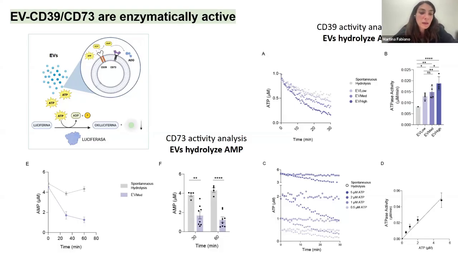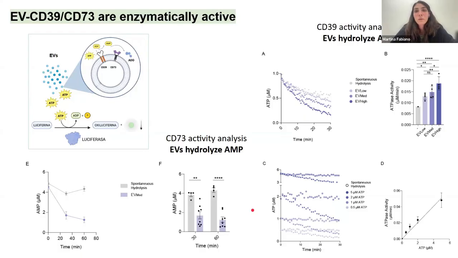Then, in an approach similar to a luminometric assay, but different, since it doesn't involve luciferin and luciferase, we evaluated CD73 activity. What we observed was that after 30 minutes and 60 minutes, the amount of AMP decreased, suggesting that CD73 in plasma EVs was active as well.